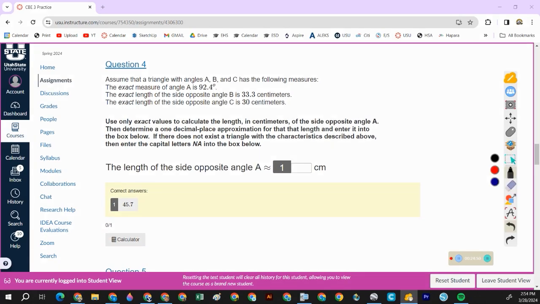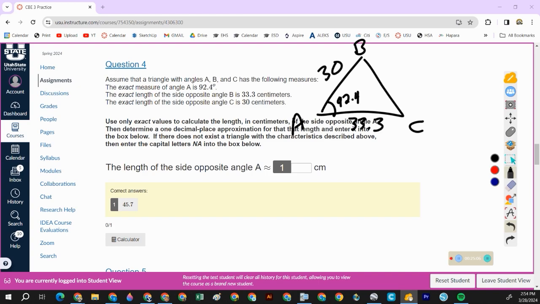All right. Same triangle. A, B, C. A is 92.4. The exact length opposite B is 33.3 and opposite C is 30. And I want to know what is side A. So this is a side angle side, which means I have to use the law of cosines. And I know angle A, so this is going to be the A squared formula.